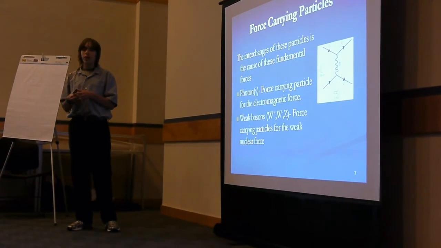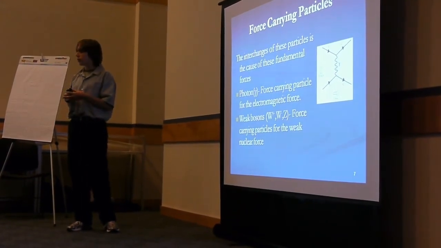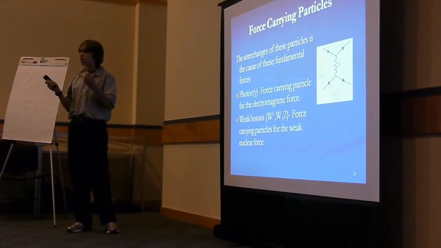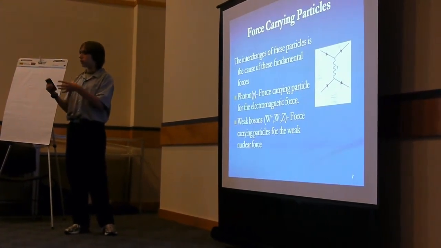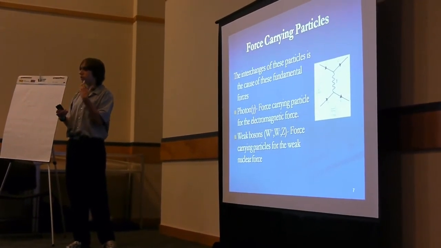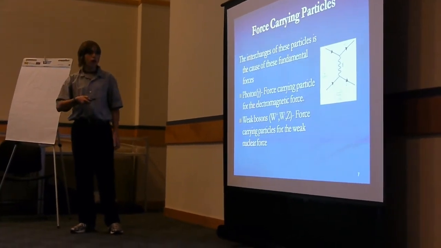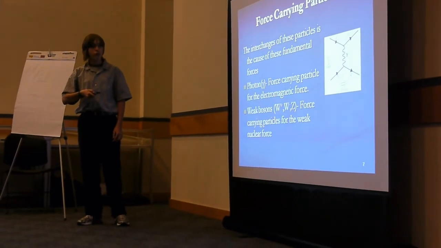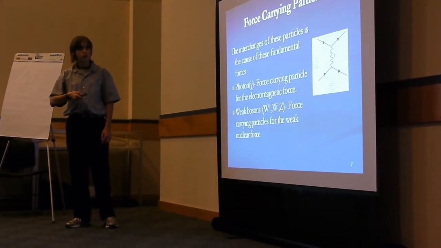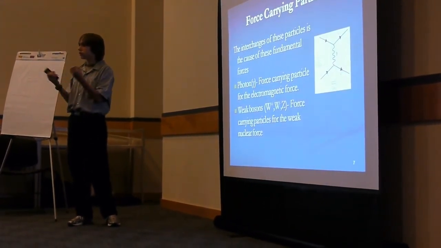That is created by the photon. When quarks and other particles exchange photons, they're creating an electromagnetic force. That's what the photon carries. You can see here you have an electron, and a photon goes between them and repels because like charges repel.